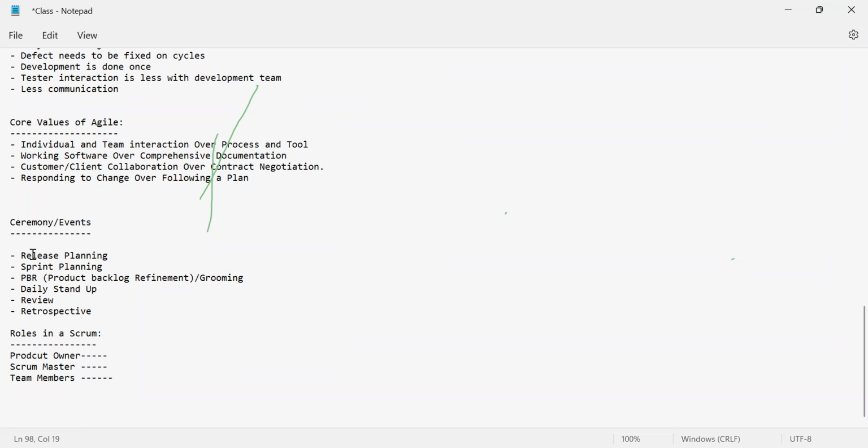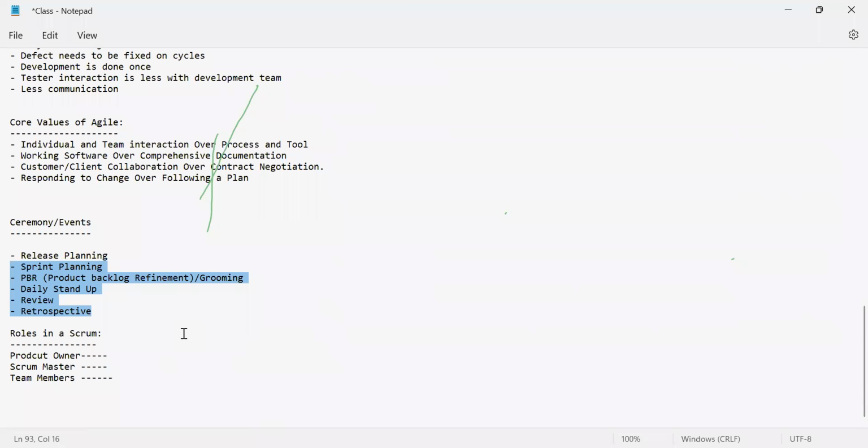The Scrum Master plans all this: release planning, sprint planning, product backlog refinement, daily stand-up, reviews and retros. These are the different meetings that happen in our general terminology. These 5 are the different kinds of meetings that happen on every sprint.